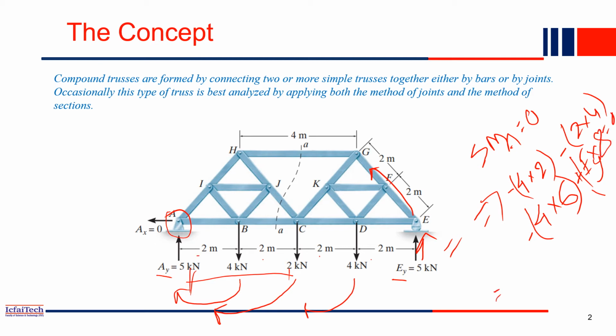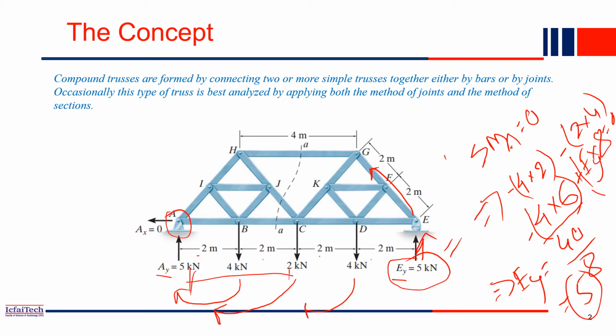If you solve this, EY times 8 equals 8 plus 8 plus 24, that is 40. So 40 by 8, EY is 5.